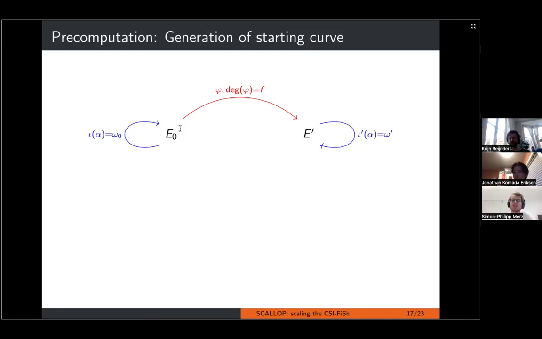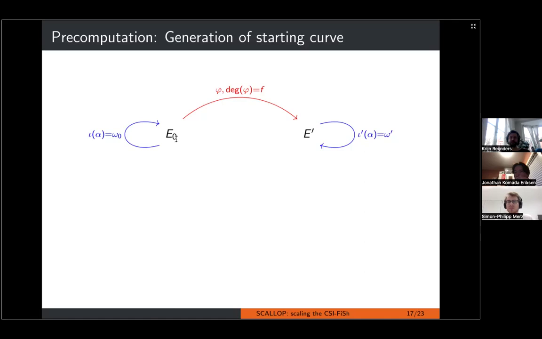And say you know some endomorphism of the correct norm, where alpha is the generator of your imaginary quadratic order O, and you want to find a primitively O-oriented curve E prime, and the endomorphism that realizes this orientation. So the image of a generator of this imaginary quadratic order.